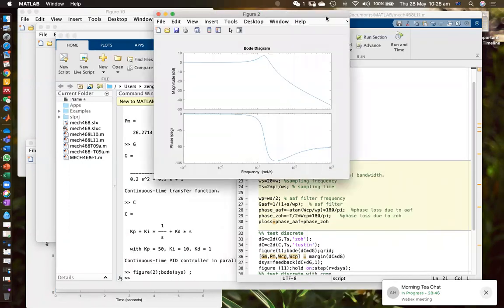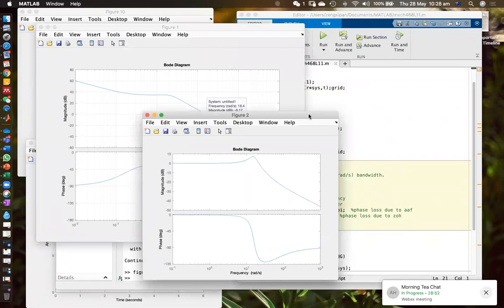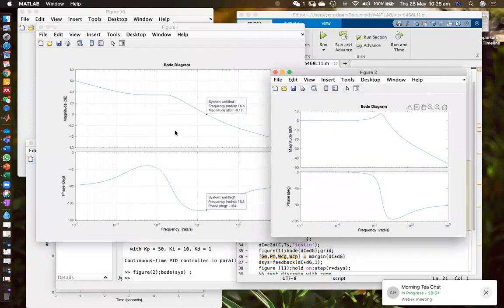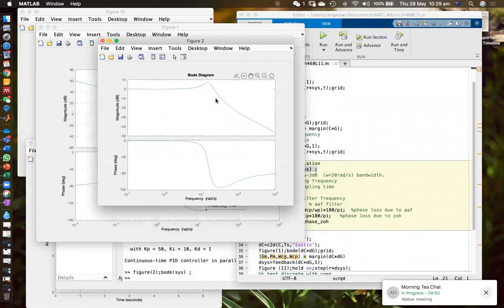If I plot this, and I just compare, this is the open loop Bode diagram. This is the closed loop Bode diagram. This is for analyzing the stability, and this one is for analyzing the bandwidth. Okay, so the closed loop bandwidth is normally where the magnitude goes to 0 or -3 dB.